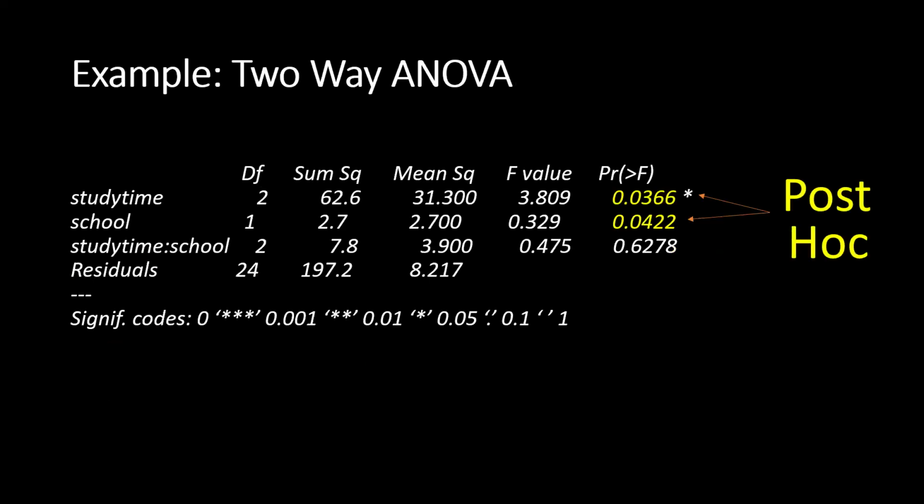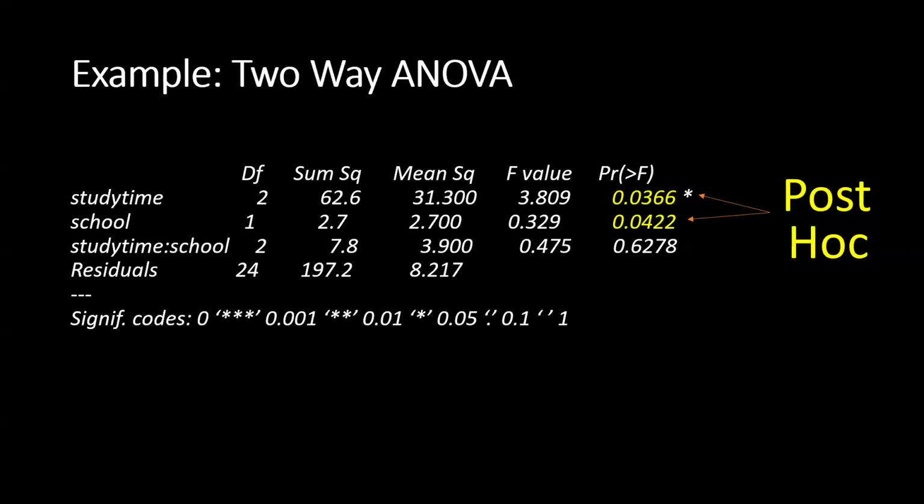So if we had results which resembled the following, we could do a post hoc analysis on the particular factor to try to determine where the differentiation exists as it relates to the levels of the factor.